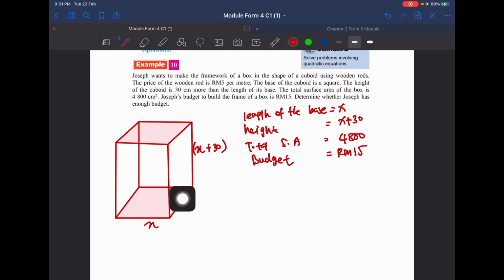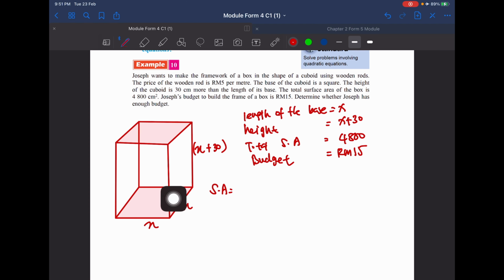So clue dia di sini, awak kena kira total surface area bagi semua cuboid ini. So tengok, kita ada 2 surface area yang square dan 4 surface area yang rectangle kan. So how to calculate the surface area? Ada 2 square kan.